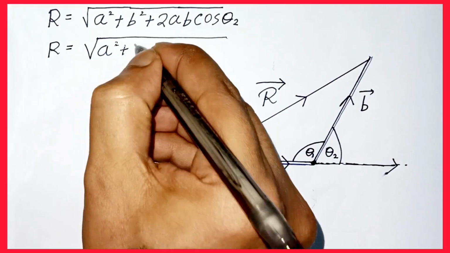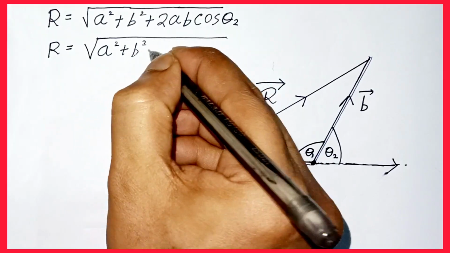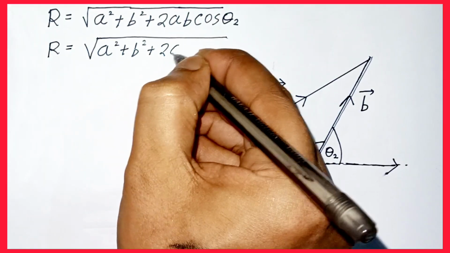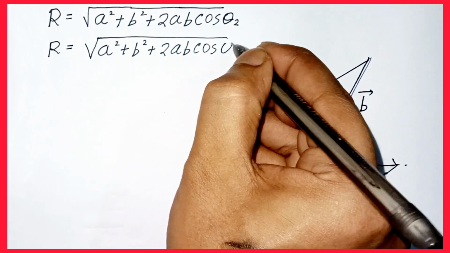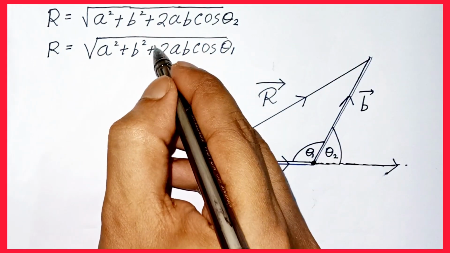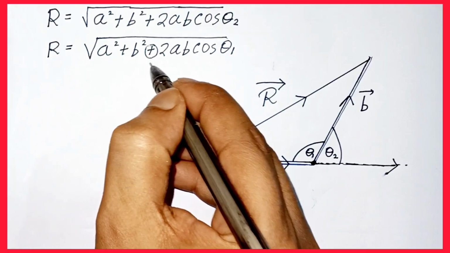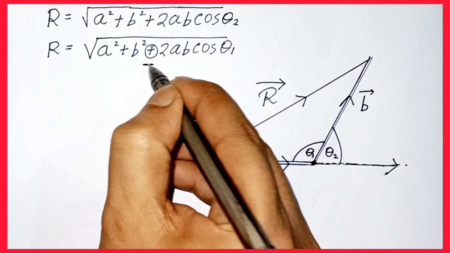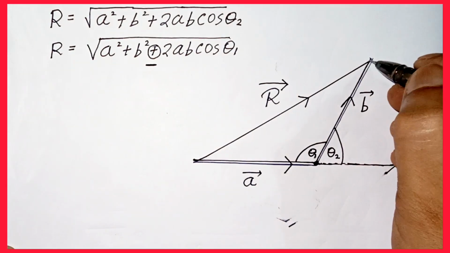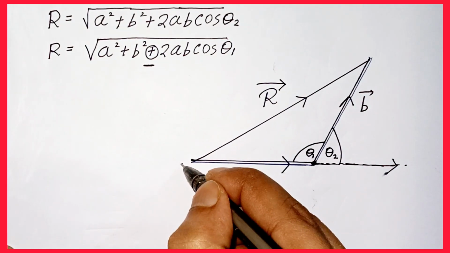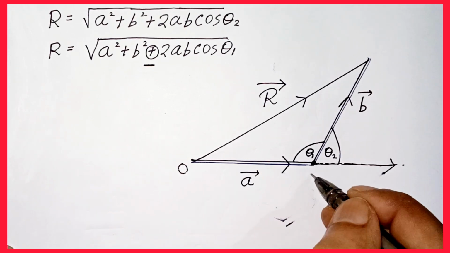That is A square plus B square, not plus. Yes, here it is minus, not plus, for theta 1. So you have to understand this approach: if you take the angle head to tail, then minus, and tail to tail, then plus.